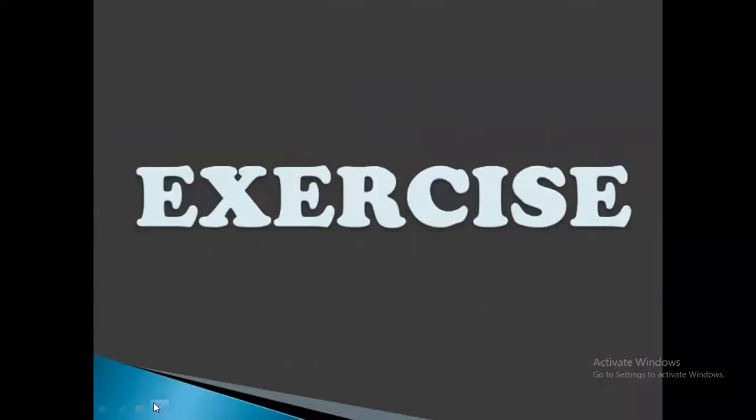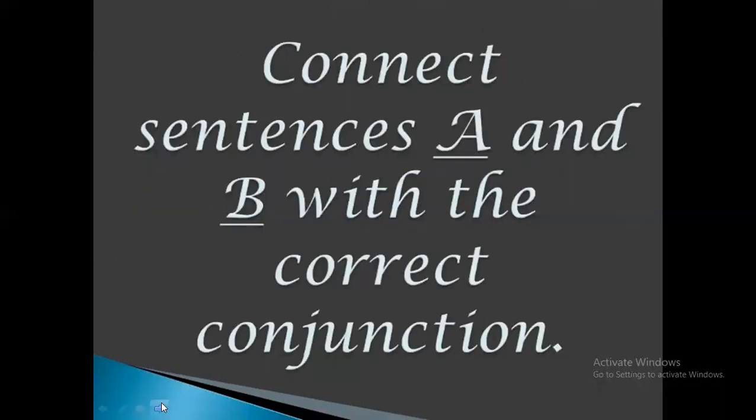So with this, we have discussed all the coordinating conjunctions. Now some exercises that I have for you already, apart from the worksheets that I'll be sending you. There are two sets of sentences given. One is set A, the other is set B. And you have to join both using the correct conjunction.